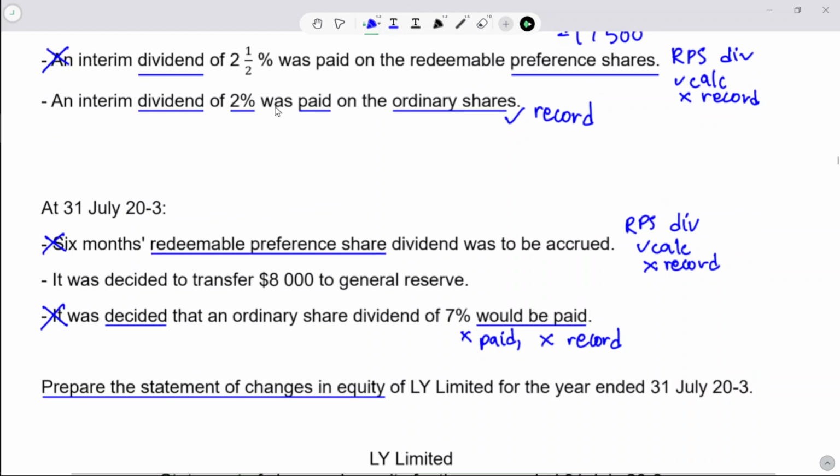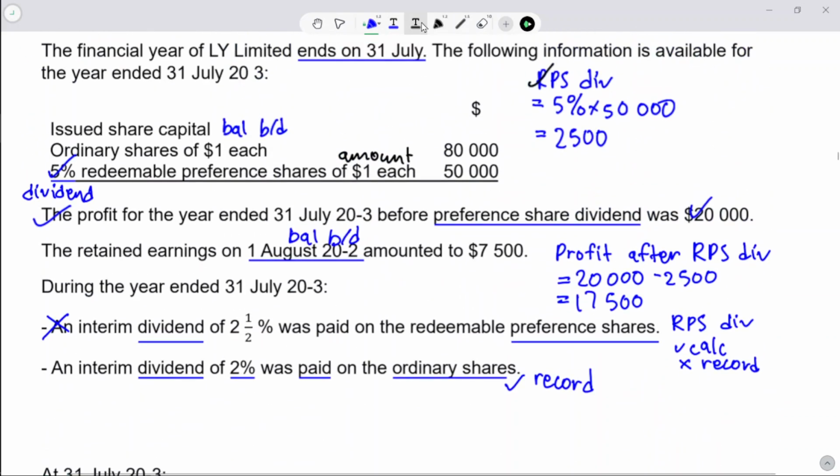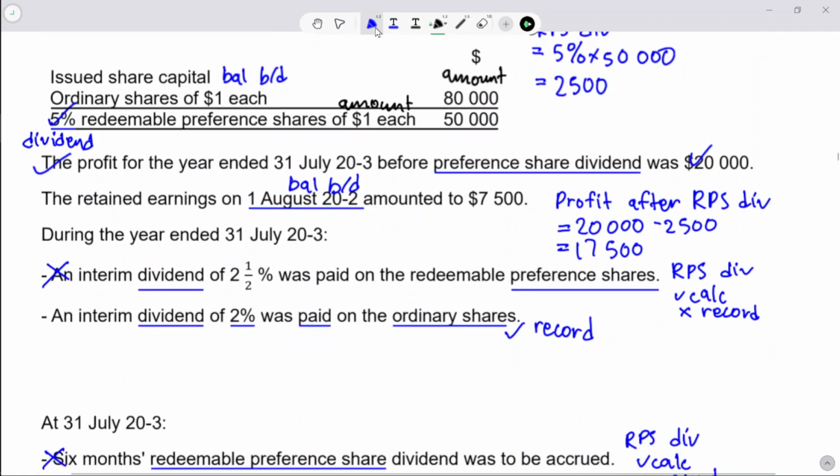The dividend is 2% now, and the amount is 80k.